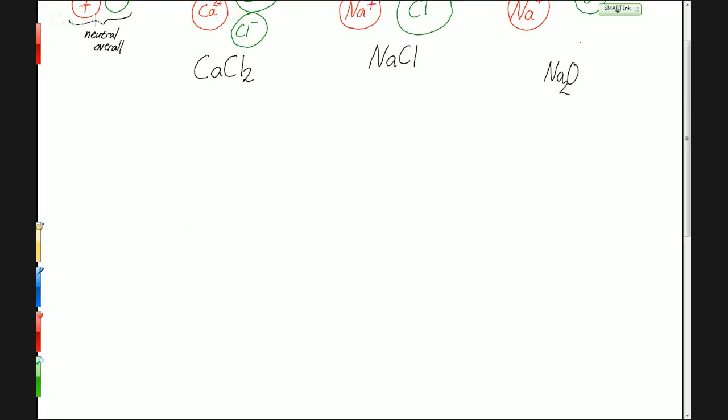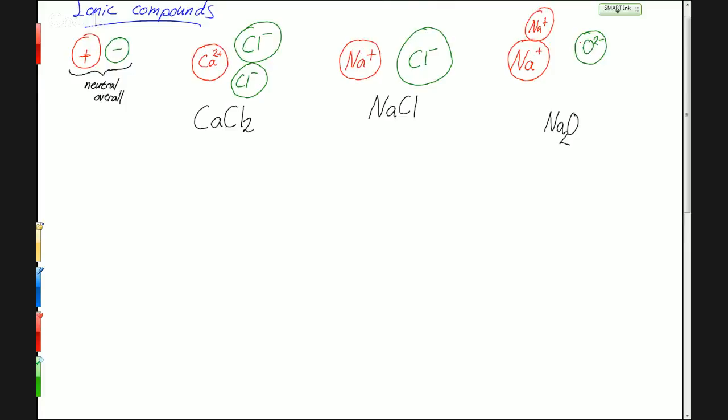And in fact, this is how you would go about trying to figure out the compound that's formed from any two given ions. Let's try another one.